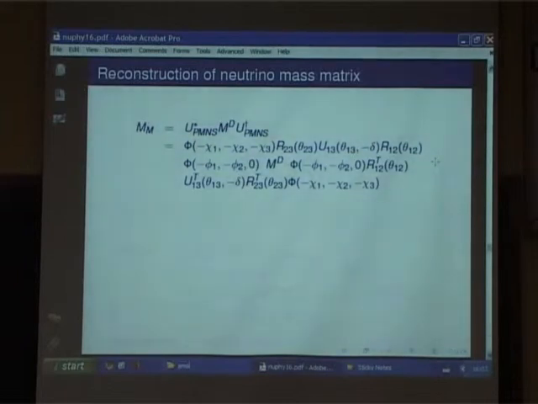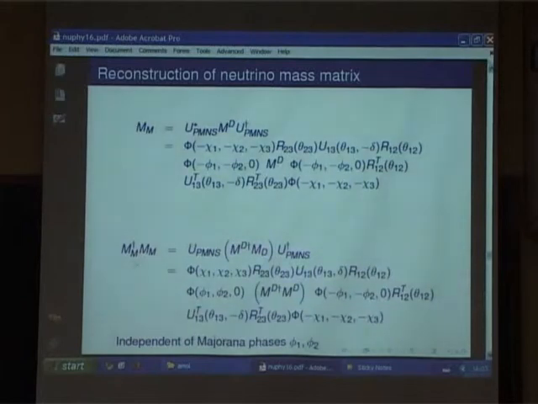Finally we want the Hamiltonian. The Hamiltonian M dagger M should look like U of MD dagger MD U dagger. So U dagger times M dagger M times U is equal to MD dagger MD.